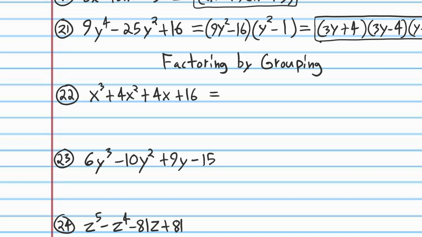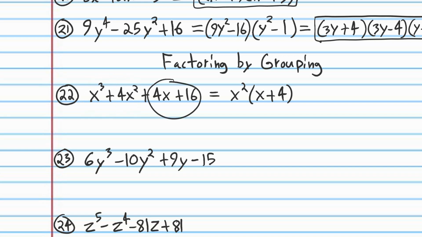We know to factor out the smallest power, which is x to the 2nd power. And we're left with x plus 4 inside. Now, if you don't understand why that is, it's really easy to figure out. You just use the distribution rule and you multiply back, and you get x cubed plus 4x squared. So again, we just factored out the greatest common factor of the first 2 terms.